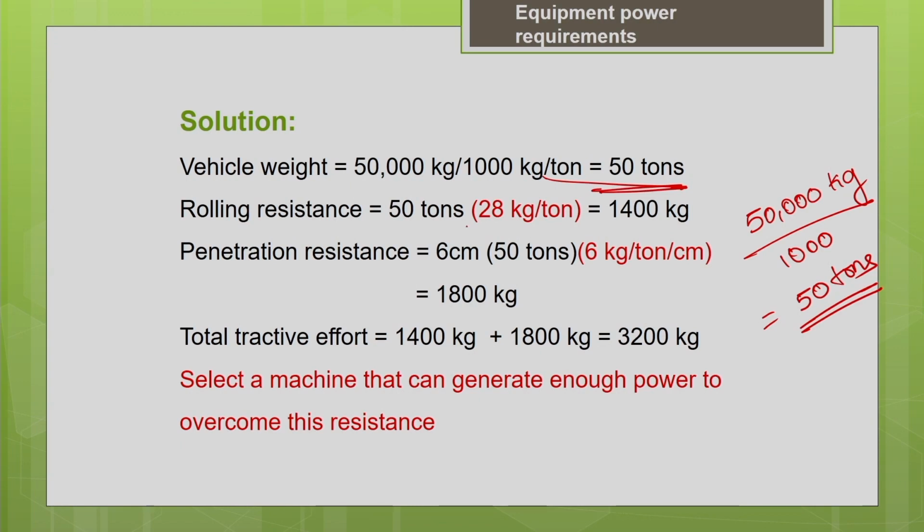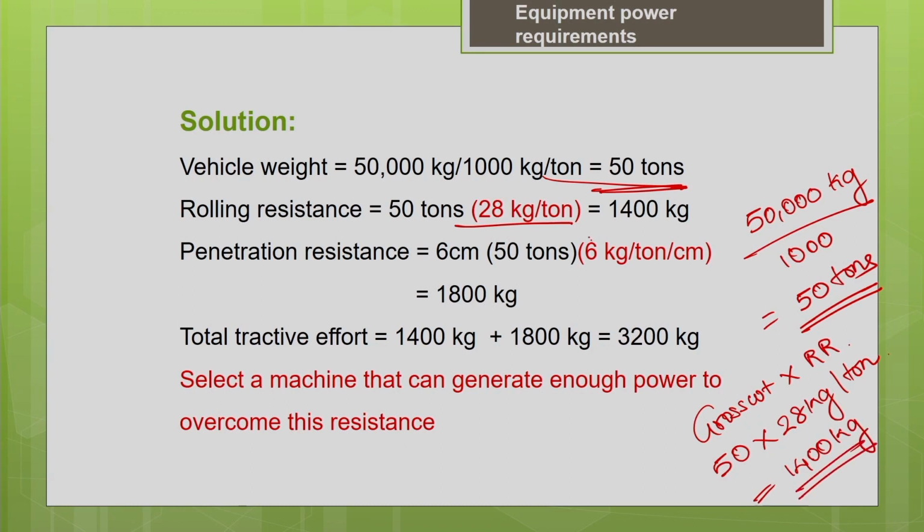It is given as 28 kg per ton. So, you multiply the gross weight of the machine by the rolling resistance value. So, gross weight is 50 tons multiplied by the rolling resistance of 28 kg per ton for that particular haul route. So, now we calculate for your particular vehicle the total rolling resistance, that is nothing but 1400 kg. So, 1400 kg is your rolling resistance.